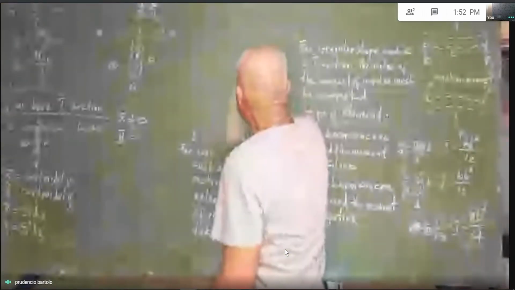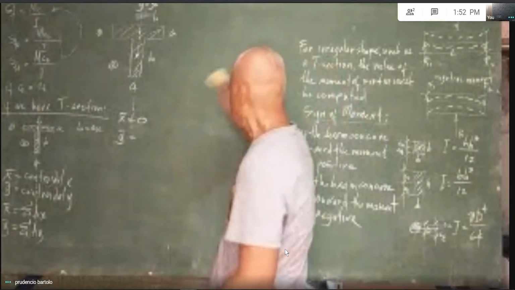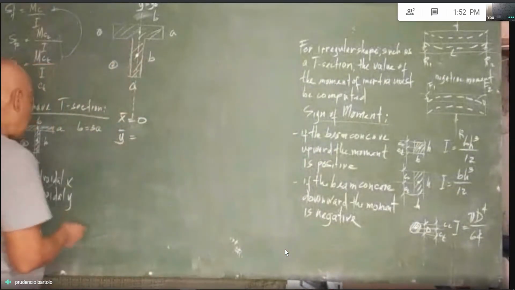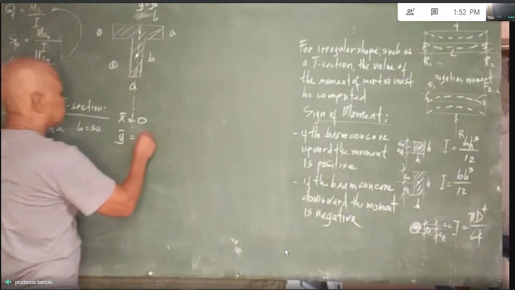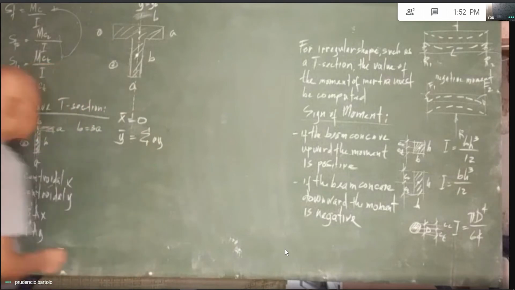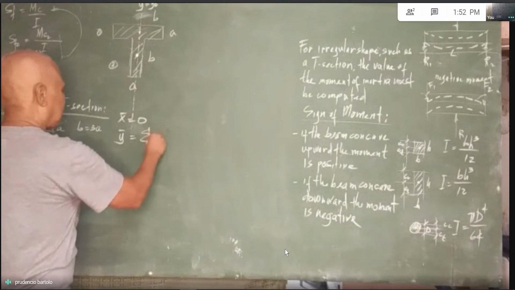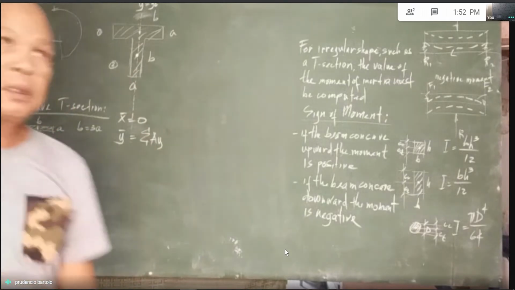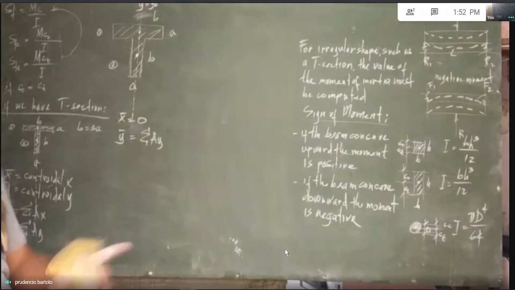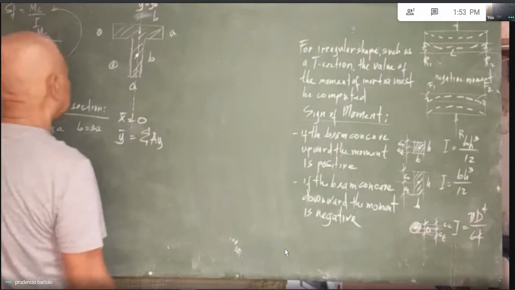Considering that formula for the centroidal y, the y bar is equal now to the summation of ay over A. Small letter a indicates that we will be only considering the figures composing the composite figure.